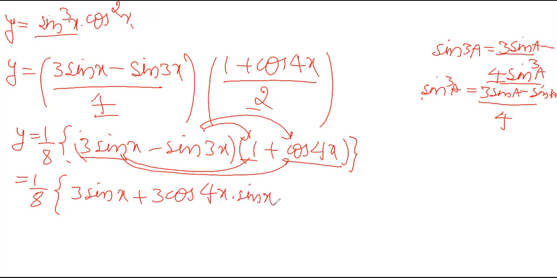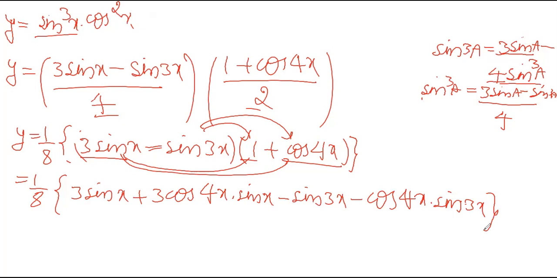Next, minus. Minus of sin 3x into 1 is sin 3x, minus of the second to second, cos 4x into sin 3x. You observe this step: what is the formula there?